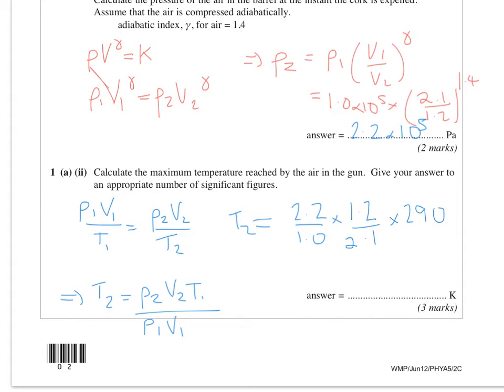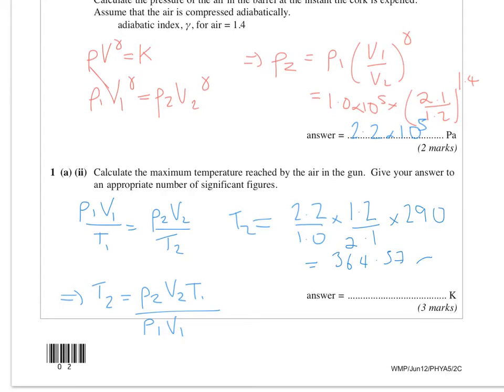So all of the powers of 10 have ended up cancelling when you have the fraction, so you have 2.2 times 1.2 divided by 2.1 times 290, and you end up with 364.57, and so on.